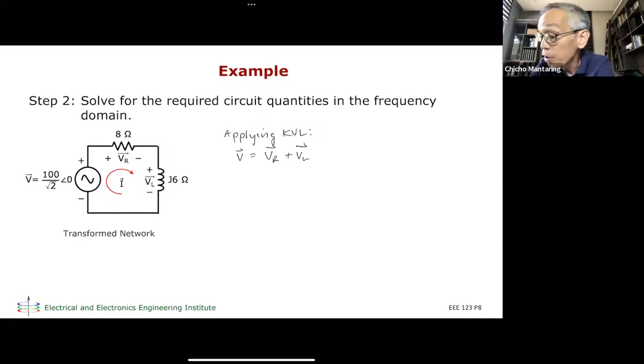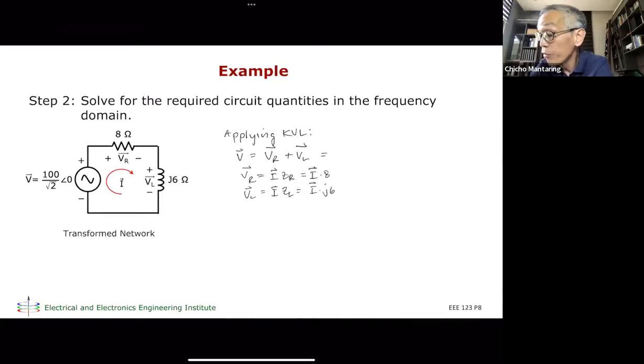What is V_R now? V_R is just I multiplied by Z_R, so this is I multiplied by 8. And V_L is just I multiplied by Z_L, so this is I multiplied by j6.